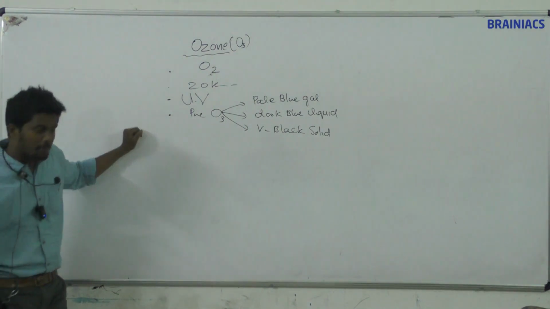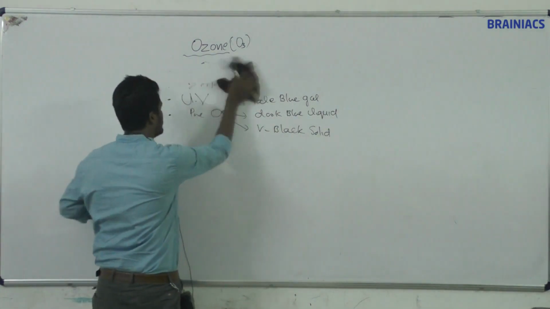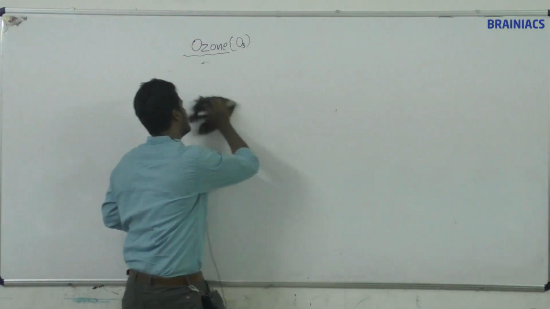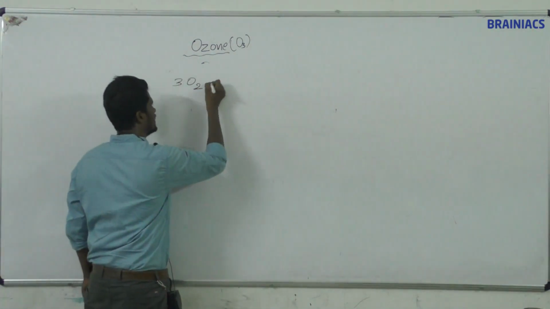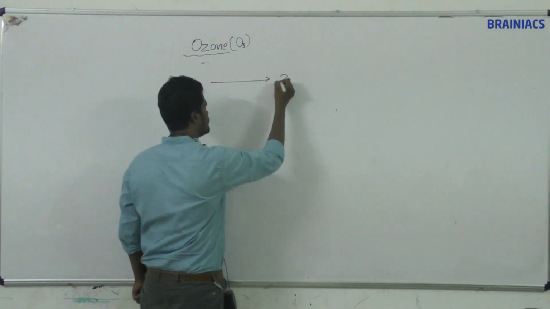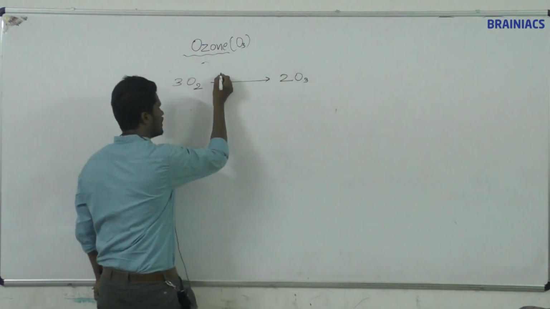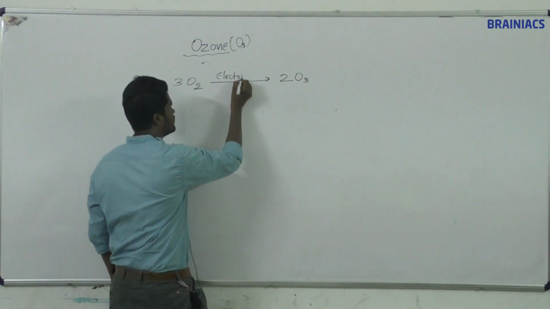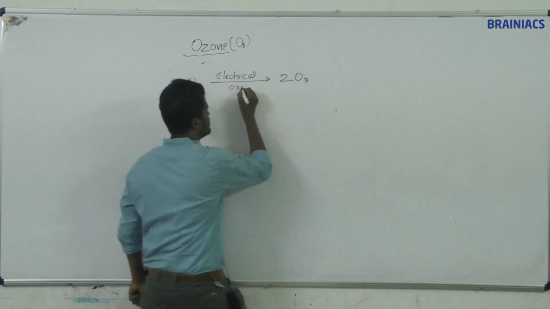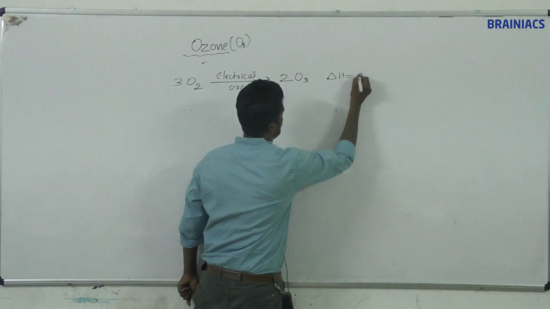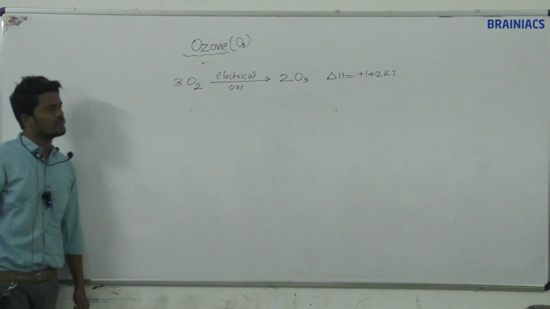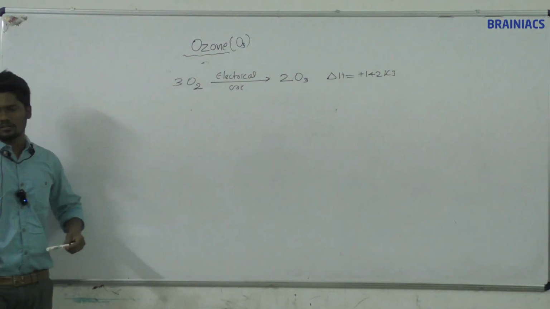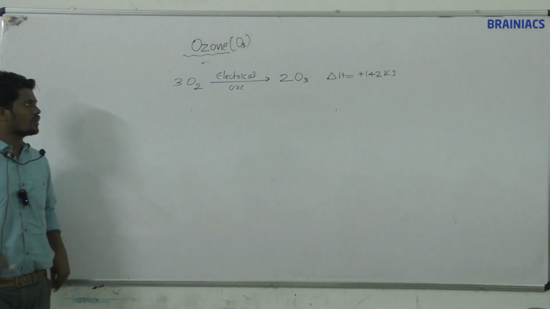It is prepared by passing a dry stream of O2 through an electrical arc.